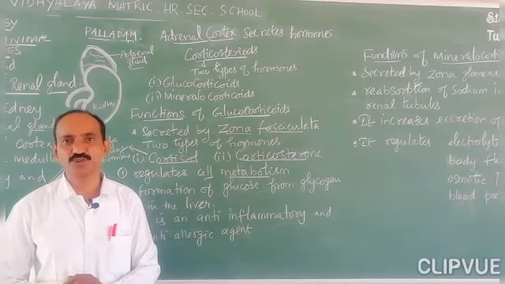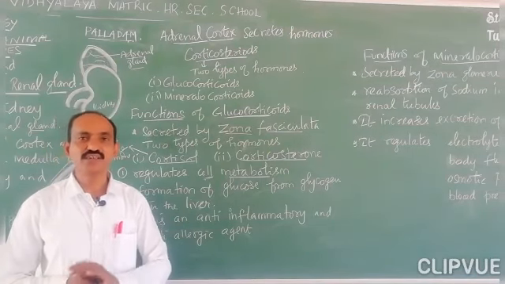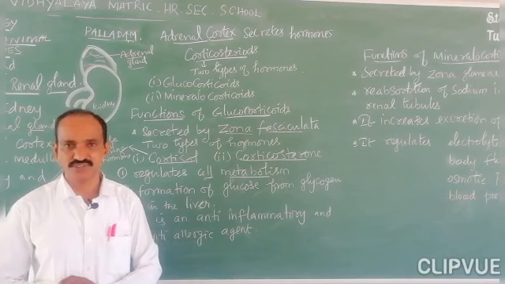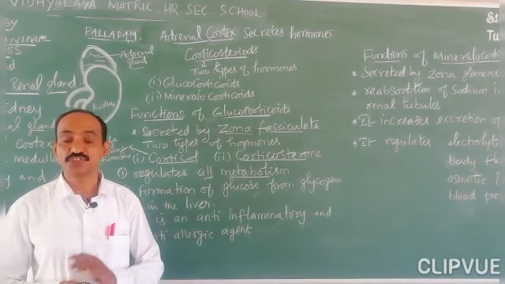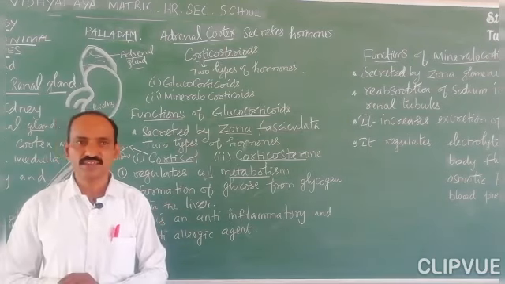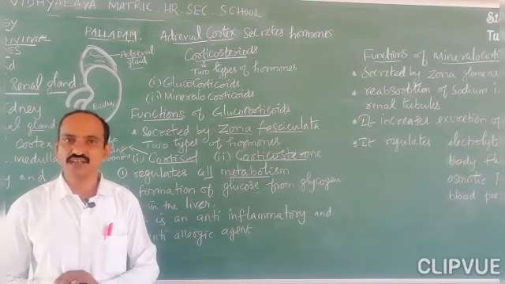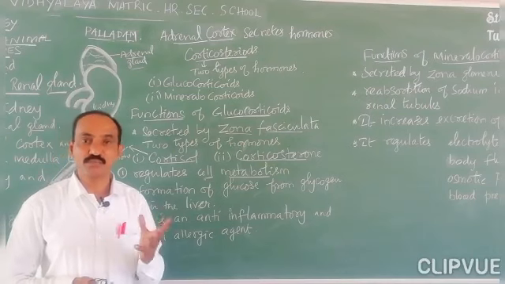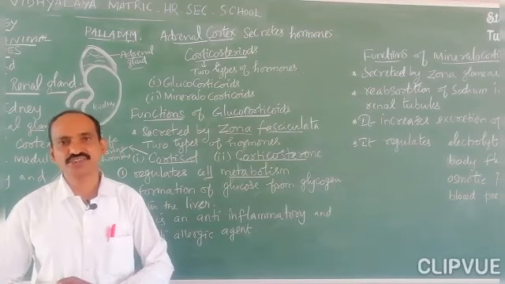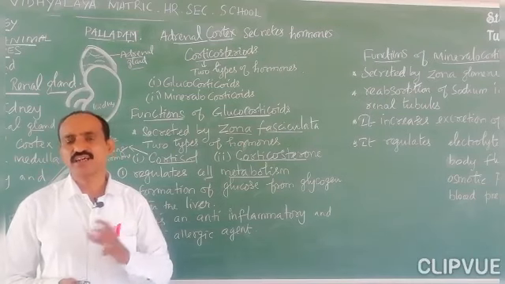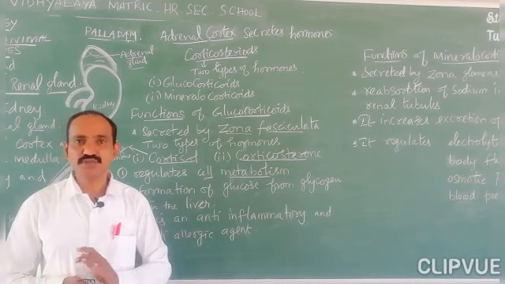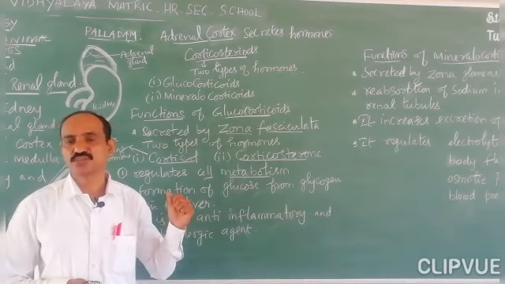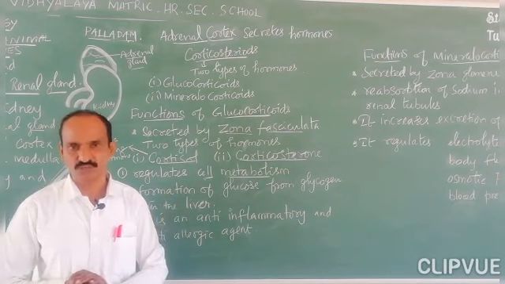Some substances our body does not accept, and suddenly an allergy takes place. For example, the eyes become reddish due to climate, or the skin becomes reddish or develops patches due to climatic changes. Such allergic reactions are prevented by these glucocorticoid hormones.